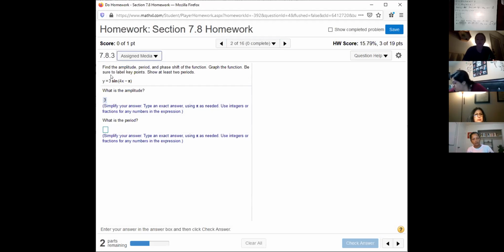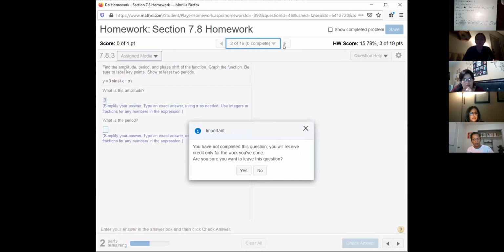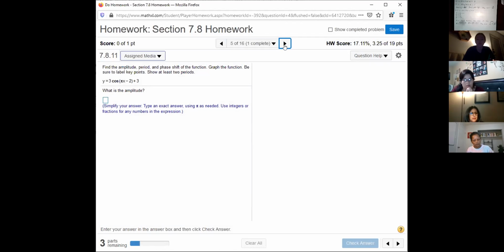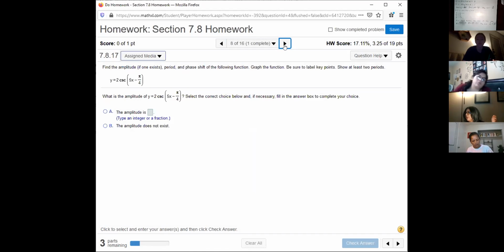Period would be 2 pi over omega. It doesn't seem too bad. Let me see if there's any weird word problems in here before I let you guys go. Yeah, they're still asking about amplitude.